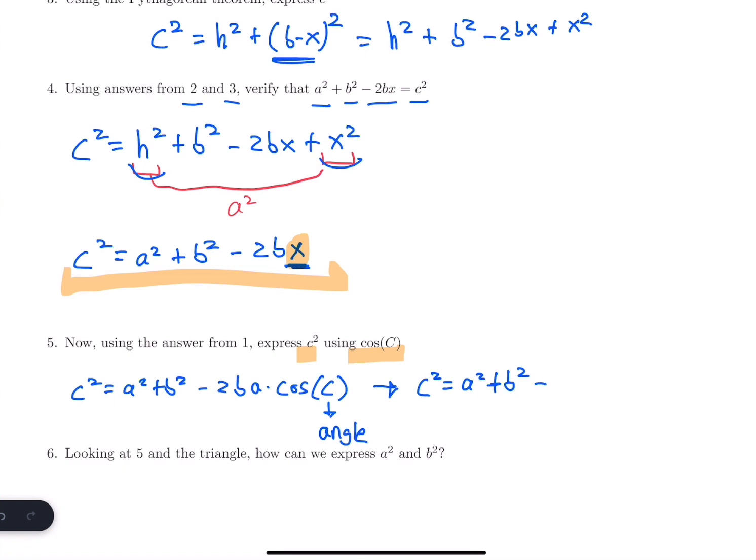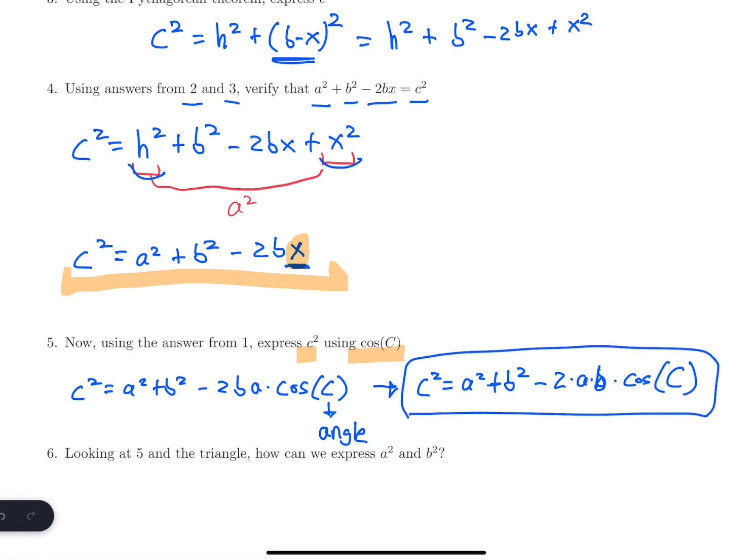So c squared equals a squared plus b squared minus 2 times a times b times cosine of angle C. You can think of the lengths a and b as these two sides. So this is the law of cosines.